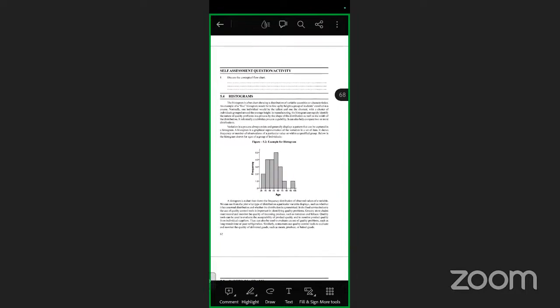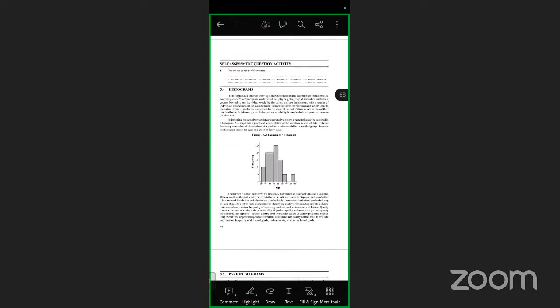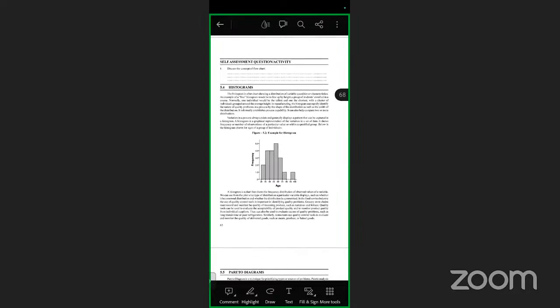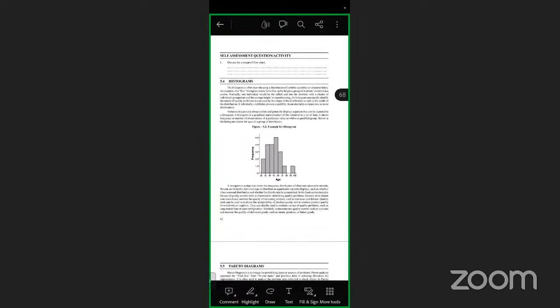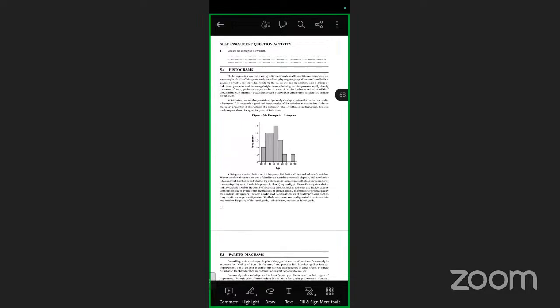So here, in manufacturing, a histogram can rapidly identify the nature of quality problems in a process by the shape of the distribution as well as the width of the distribution. It formally establishes process capacity.